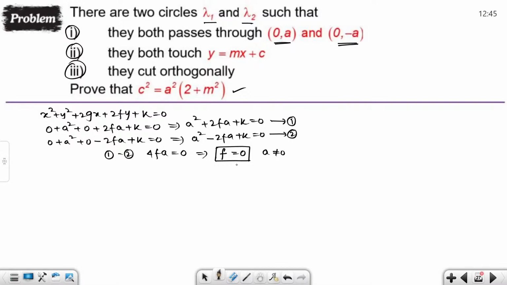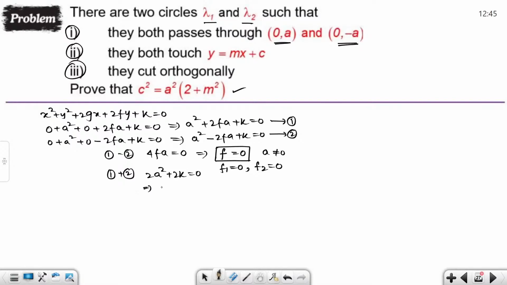So I am not taking two circles at a time. I am doing it with the general one, and it will be valid for both the circles, right? So your f1 is 0, as well as for the second circle, f2 is 0, right? Okay, so now let me add these two equations. What are we getting? If I add these two equations, we are getting 2a square plus 2k is 0.